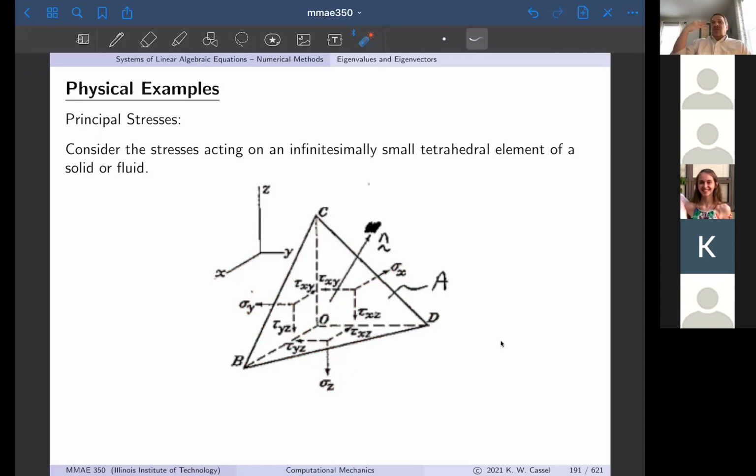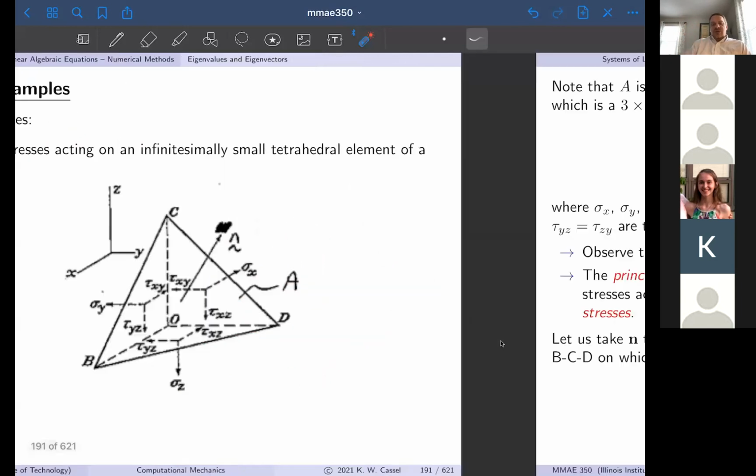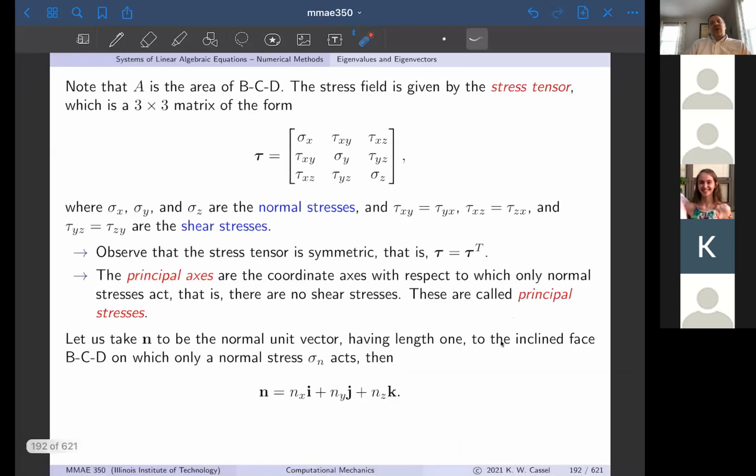So when I ask that physical question, that's a straightforward physical question that we want to know, and then I want to determine how we answer that question. And as you'll see, the answer to that physical question is mathematically a question of determining the eigenvalues and eigenvectors of what's called the stress tensor.